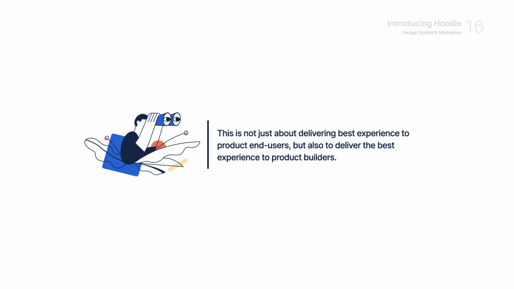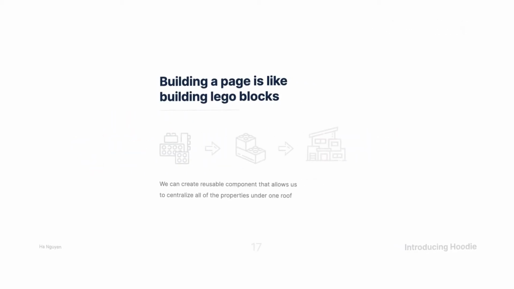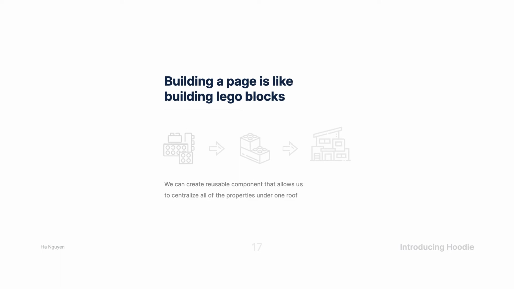So this is not just about delivering the best experience to users, but also delivering the best experience possible to product builders. Building a page is like gathering Lego blocks and putting them together. Every time we create a new page, you don't need to build it from scratch. Instead, you create a layout, choose the right components and plug them in.